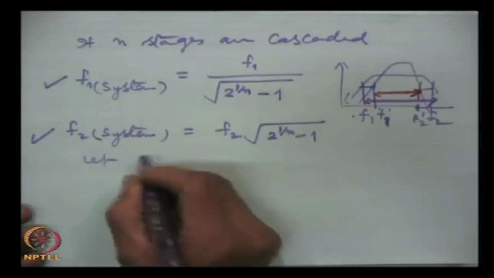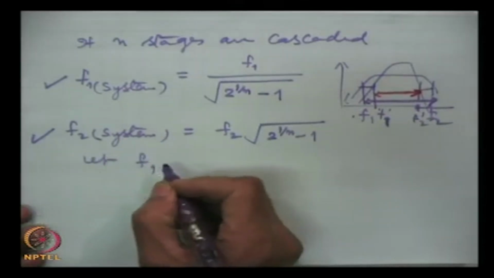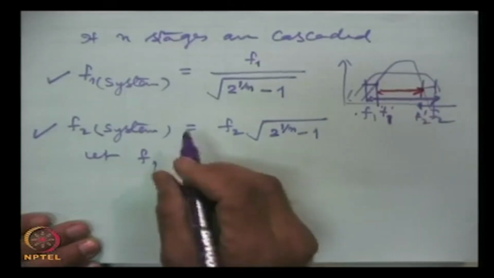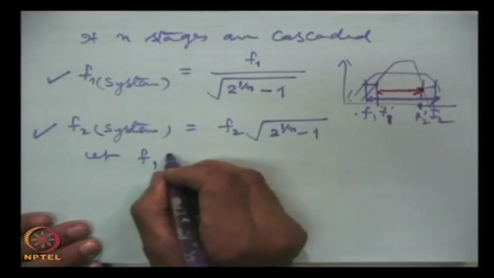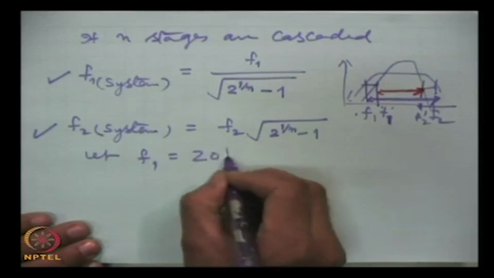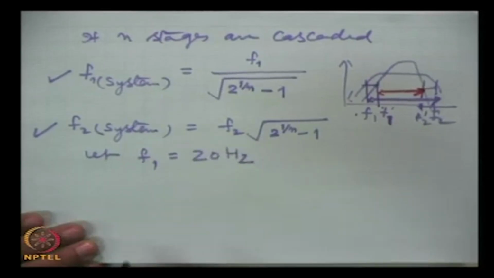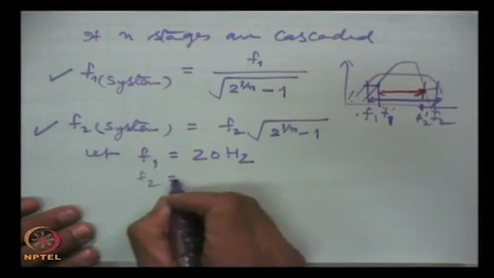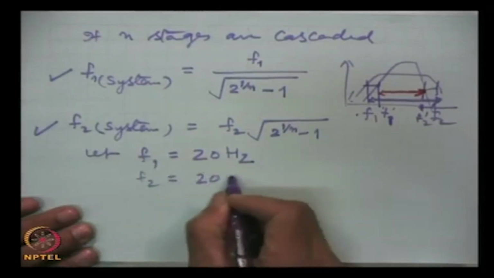We take an example. Let F1, that means the lower cutoff for the individual amplifier, be 20 hertz, and upper cutoff be 20 kilohertz.